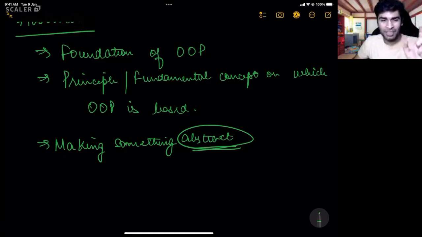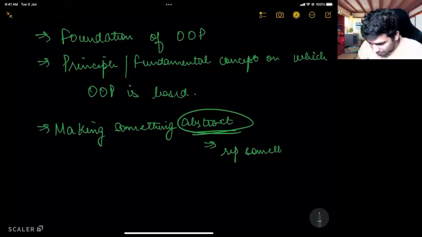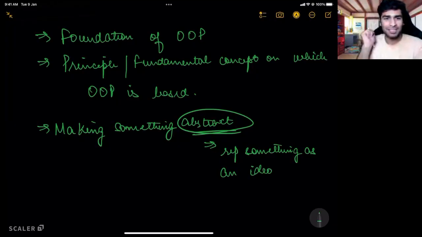Abstract is something that exists as an idea. Did everyone see this definition? Abstract means representing something as an idea. Now object-oriented programming will make complete sense to you.